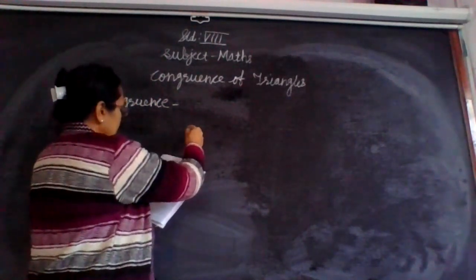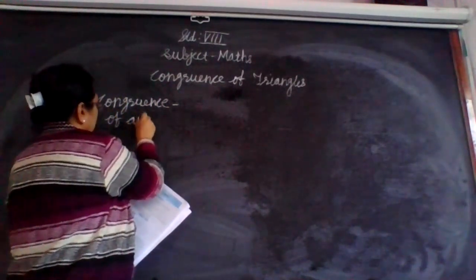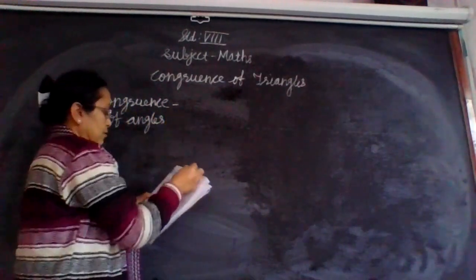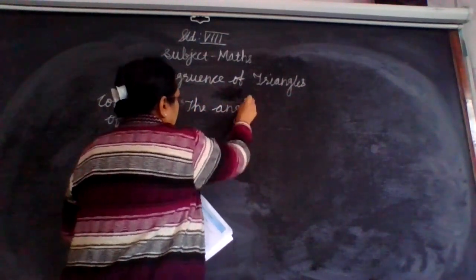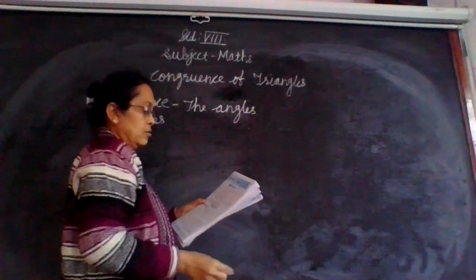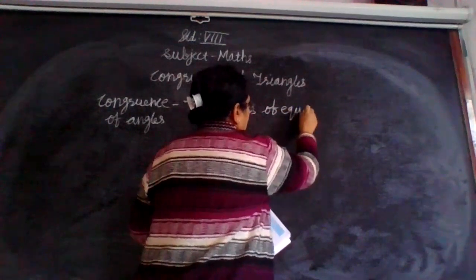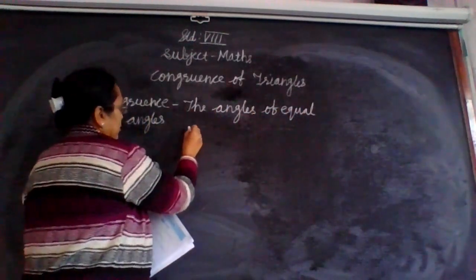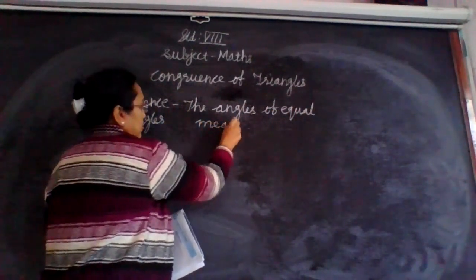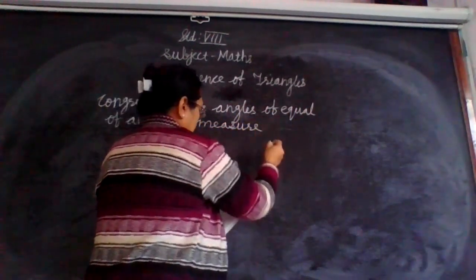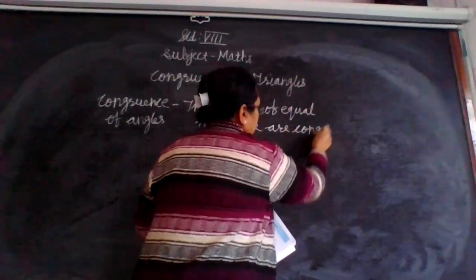So, if we write the congruence of angles, the angles of equal measure are congruent.